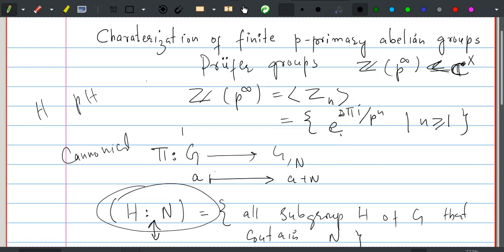One can note over here this complex number lies on the unit circle. For every integer n bigger or equal to 1, the subgroup Z n is the unique subgroup of Z p infinity of that order. So it is like this.